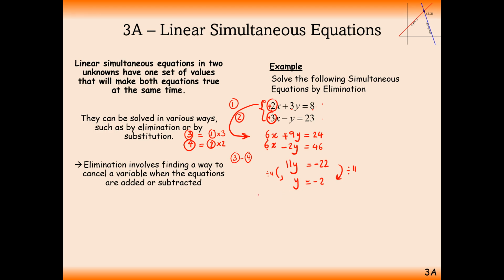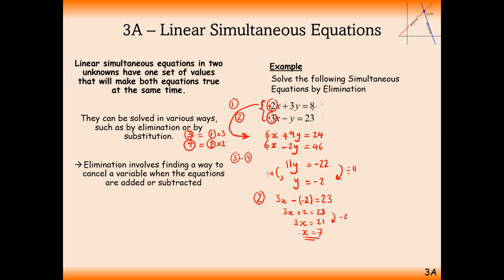If I take equation 2, for example, 3x minus the value of y that I just found, which is minus a minus, so negative 2, I'm going to put that inside the bracket, equals 23. So that means 3x plus 2 is 23. I'm going to subtract the 2 from both sides, so 3x is 21. I took away 2, and x will be 21 divided by 3, which is 7.